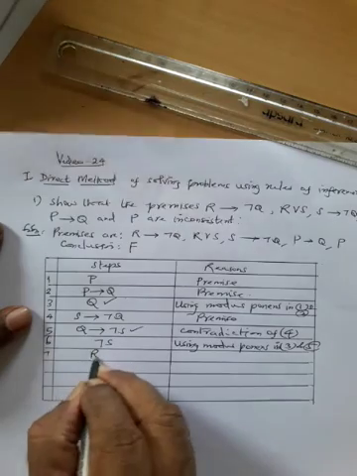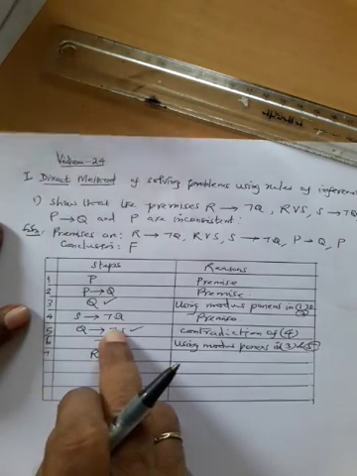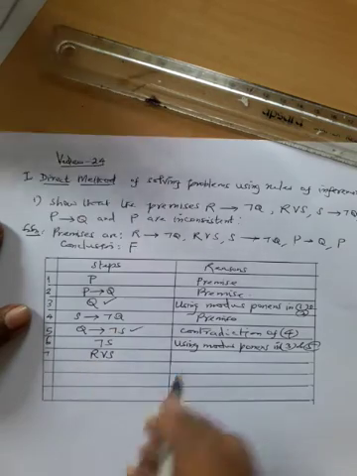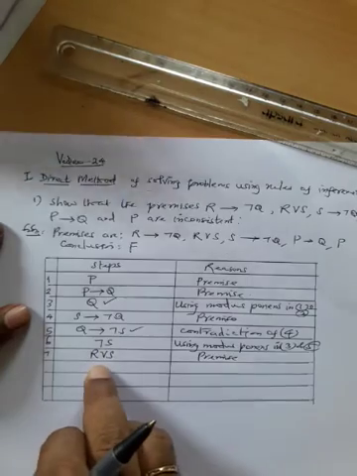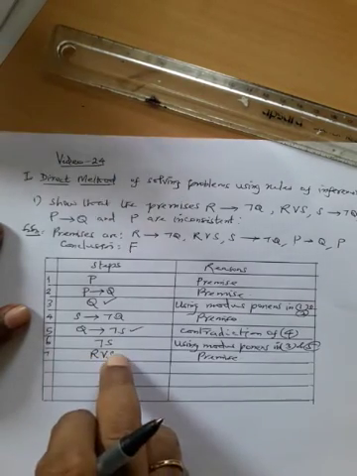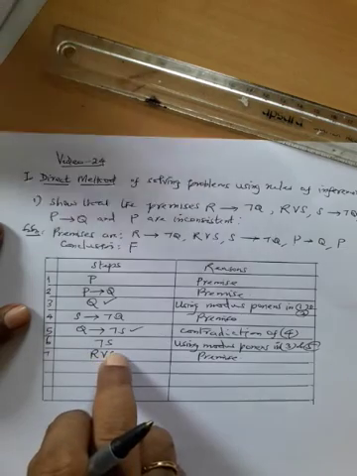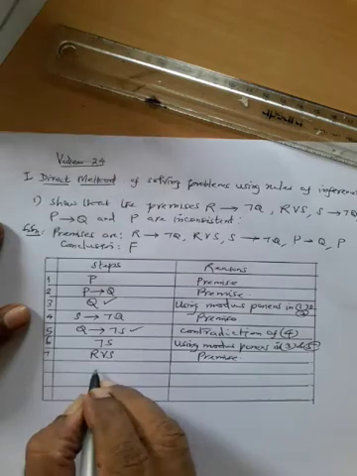7th one, either R or S, but S is not there, so definitely you should get R. This is a premise. So you have either R or S. One of them should be true, but S is not true, therefore R must be true. That is the conclusion.